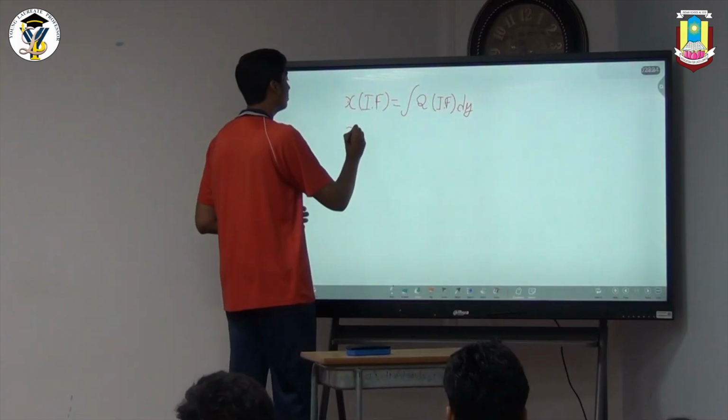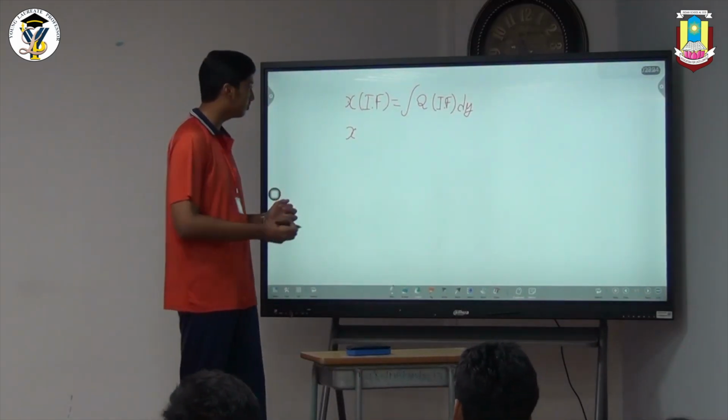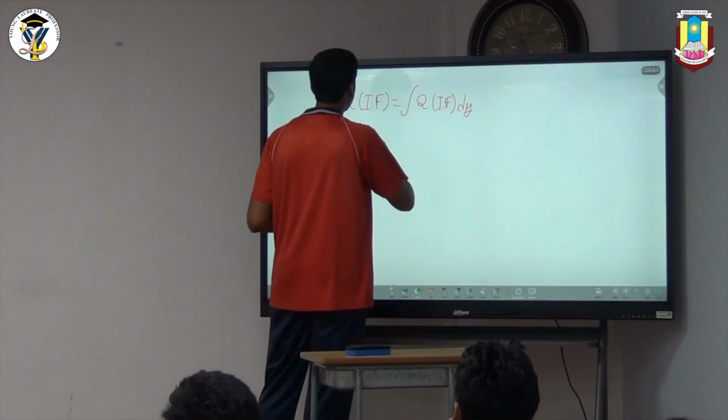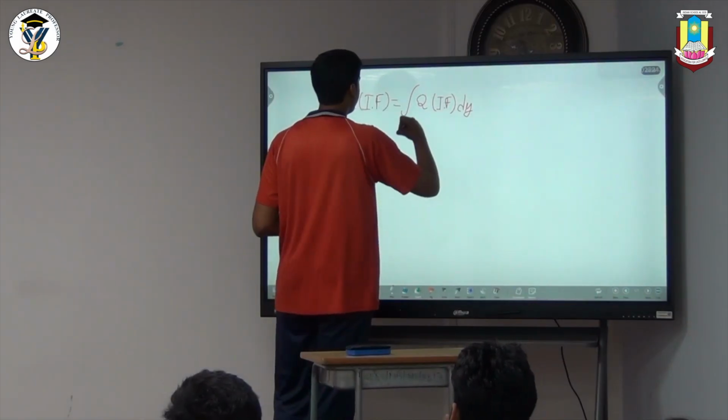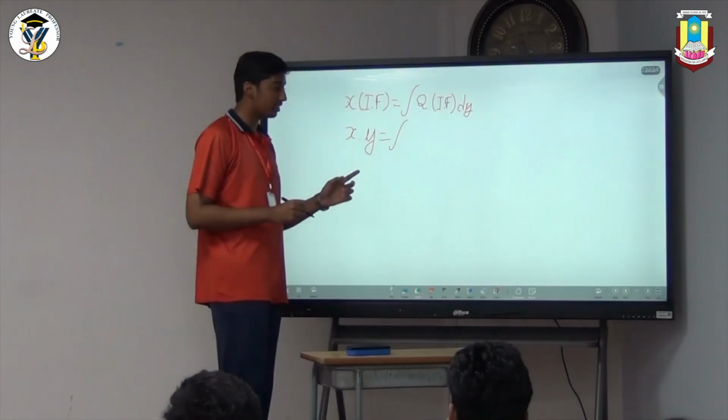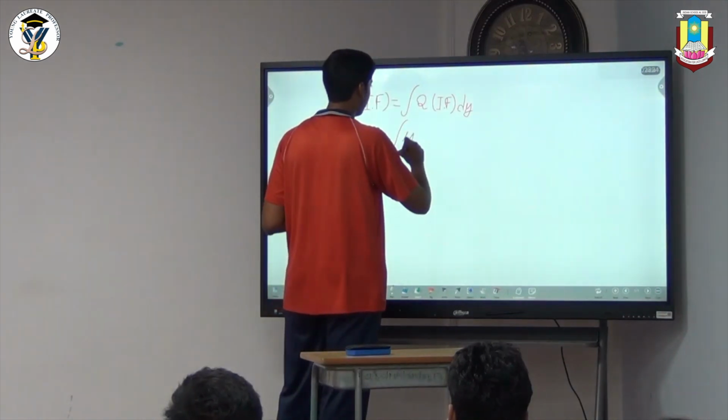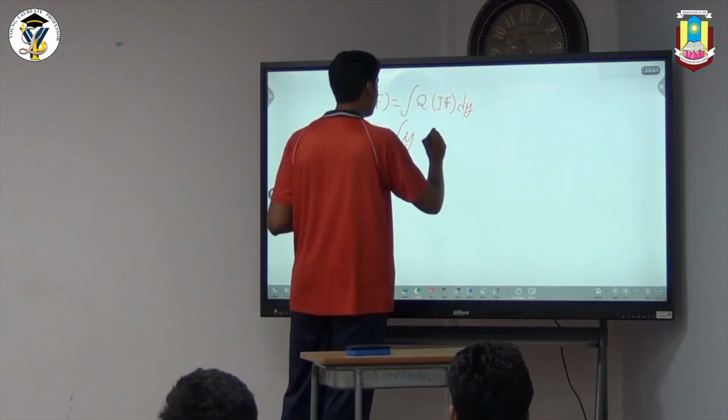Now x times the integrating factor y is equal to the integral of Q, which is y, and the integrating factor, which is also y.